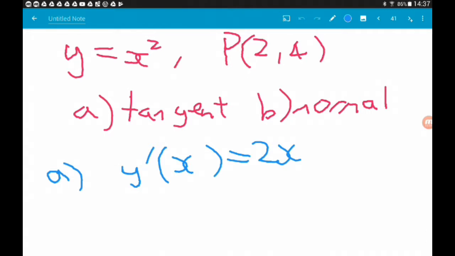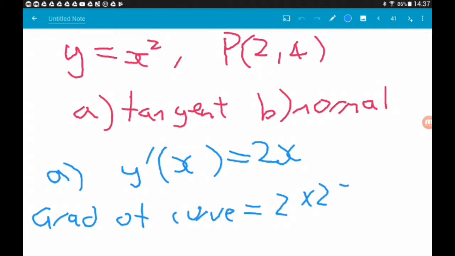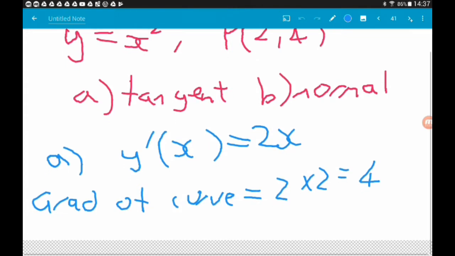So gradient of curve is equal to 2 times 2, which is 4.